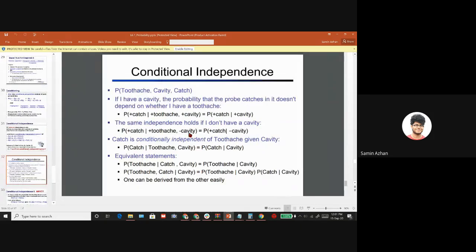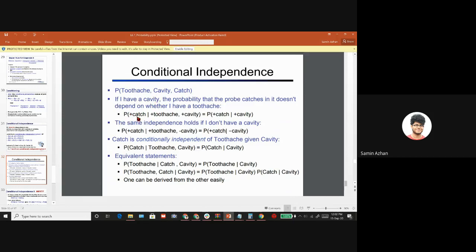In this case, it says the probability of toothache, cavity, and catch. If I have a cavity, the probability that the probe catches doesn't depend on whether I have a toothache. So saying the probability of catch doesn't depend on toothache, given that you have a cavity.